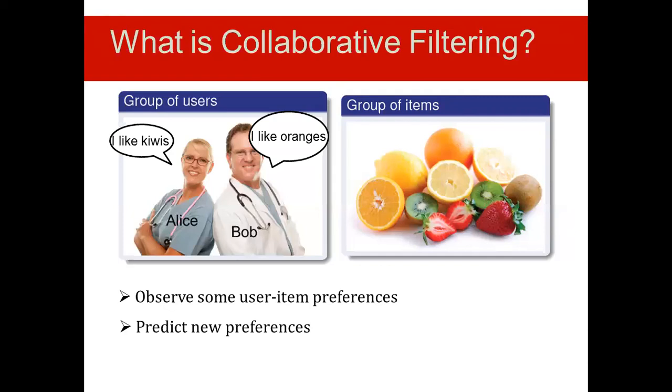Based on those preferences of the users over items, we want to predict new preferences. For example, does Bob like strawberries? That's the task of collaborative filtering. We need to look at other users in order to make such a prediction, so that's why we call it collaborative filtering.